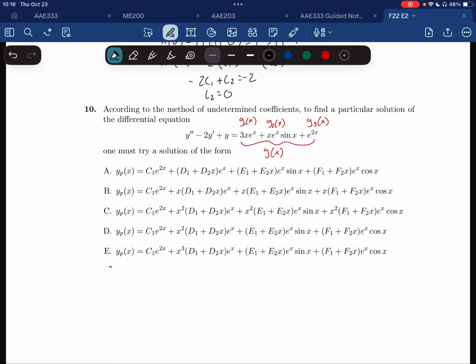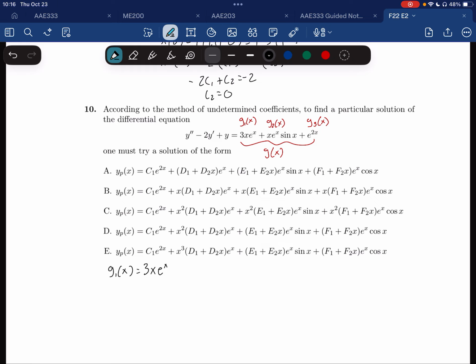Let's look at g1 of x first. We can see it has some form of x in it, or e to the x in it.